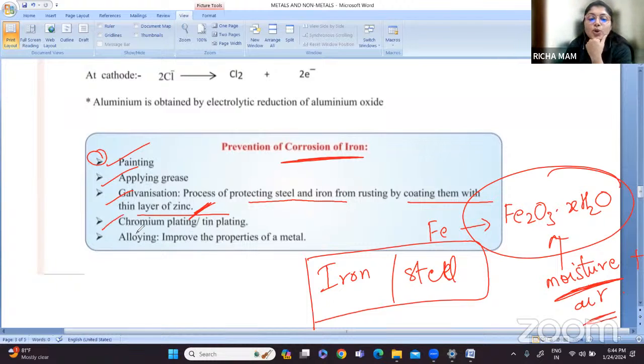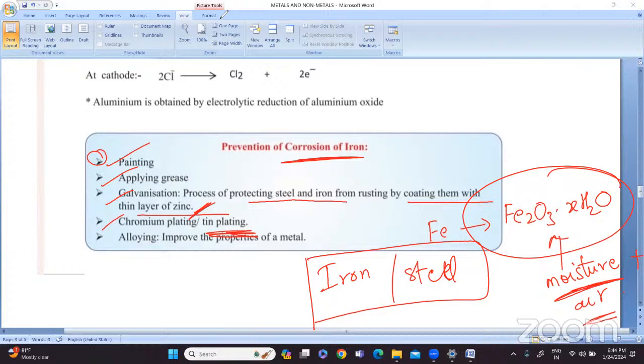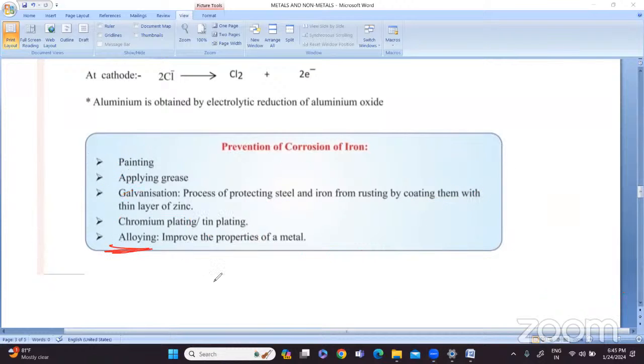Next is chromium plating or tin plating. By this also you can prevent the corrosion, that is rusting of iron. Then alloying, which improves the properties of metal.